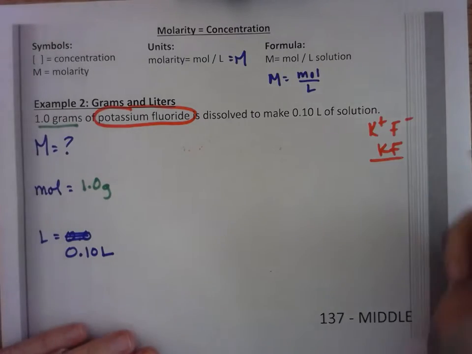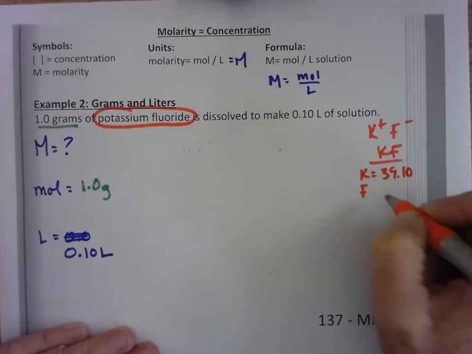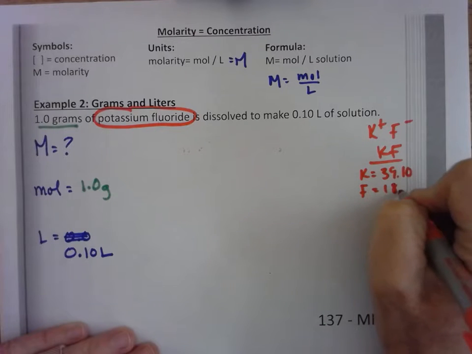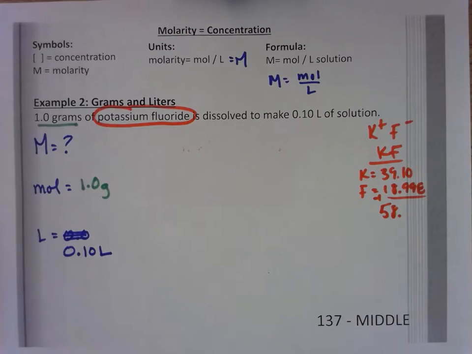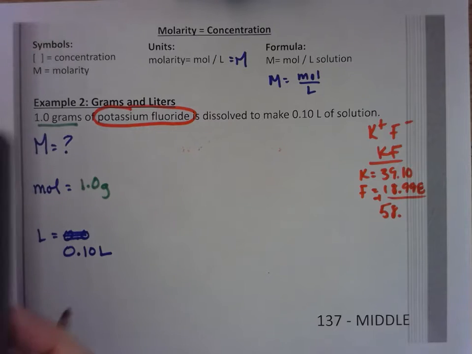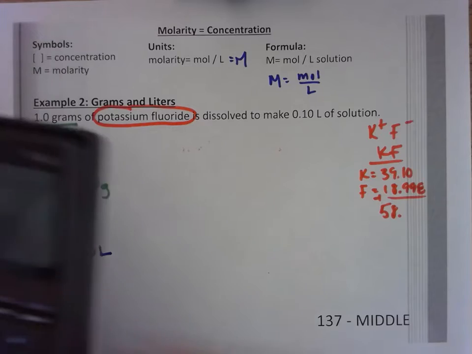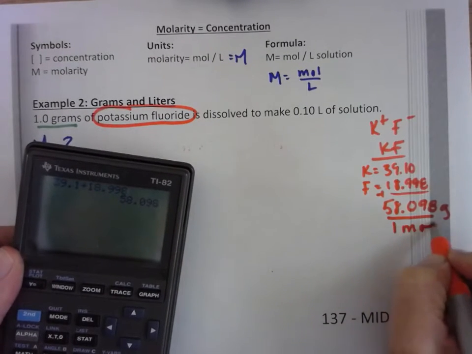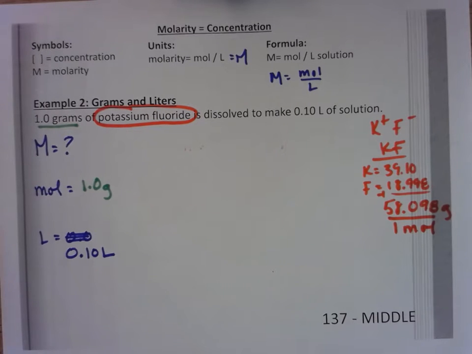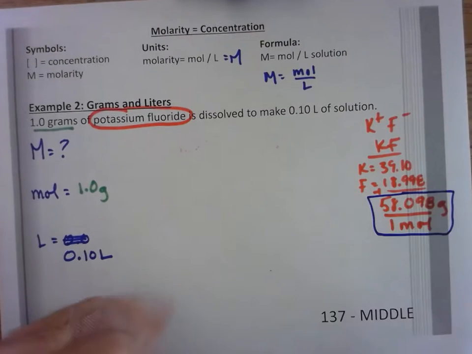I have a K and an F on the periodic table. I have these numbers and 58.098 grams per 1 mole. Now I know I'm going through this pretty quickly, but these are all old skills, so that is my conversion factor.